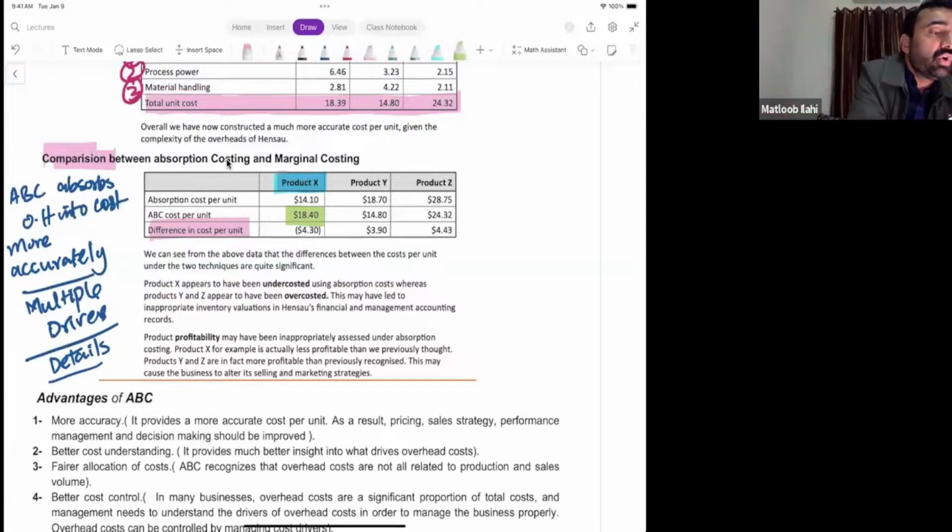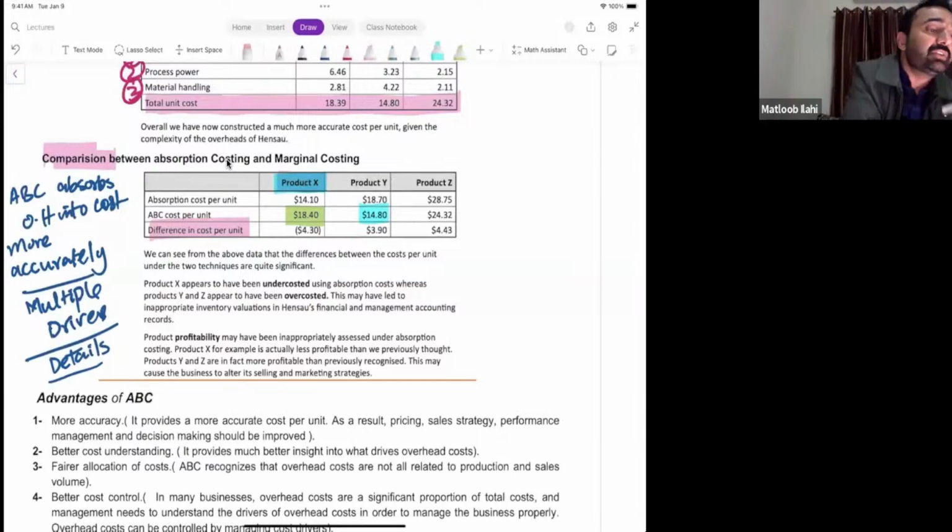Why has its cost decreased? Because under absorption costing, overheads were over-absorbed into the cost of product Y. It means overheads were not accurately charged. More overheads were charged to product Y. But under ABC, it consumed fewer resources, so fewer overheads.